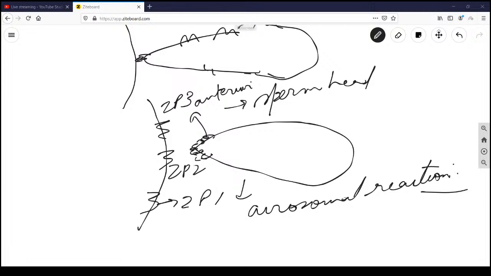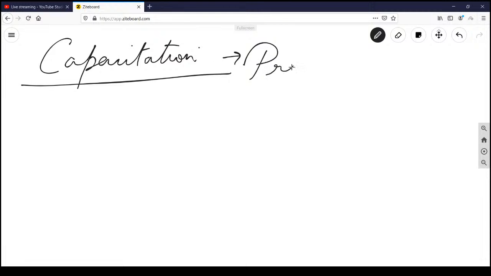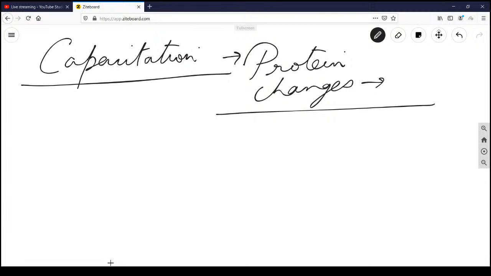Next is protein changes in capacitation. Now, what are protein changes?